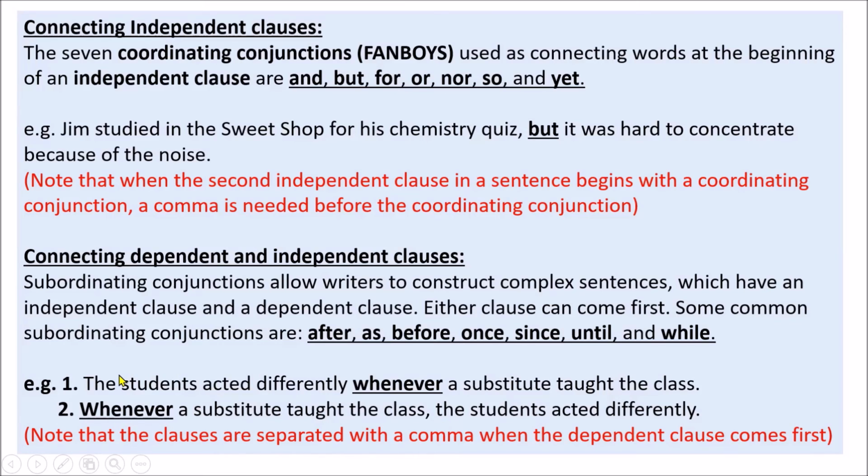But in the first sentence, if we are starting with an independent clause, there is no need of putting a comma after a clause. You can see, the students acted differently whenever a substitute taught in the class. So here there is no need to put a comma, but whenever we start a sentence with a dependent clause, it is a must that you put a comma before the independent clause starts.